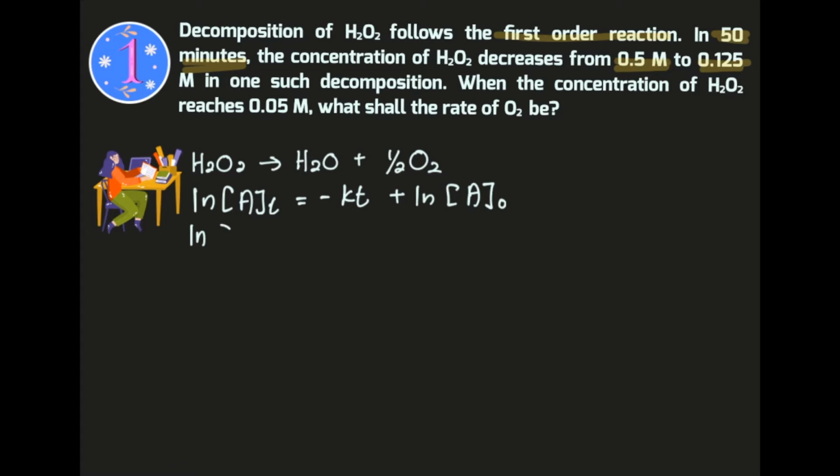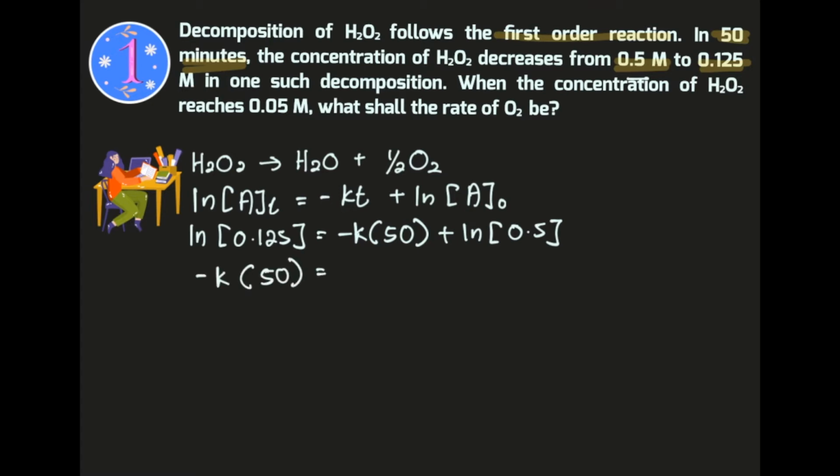Let's plug in all these values. So ln of your final concentration, 0.125, is equivalent to negative k, which is the value that we need to calculate, times the time, which is 50 minutes, plus ln [A]0, which is the initial concentration 0.5. From there you get negative k times 50 is equivalent to negative 2.0794 plus 0.6931.